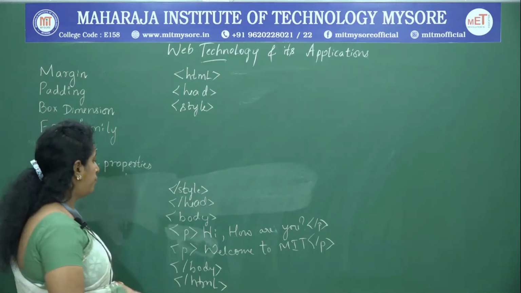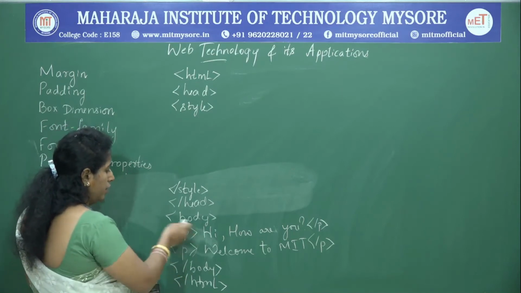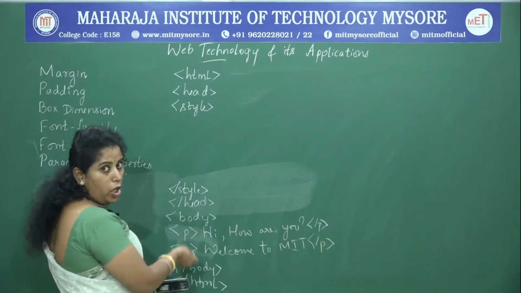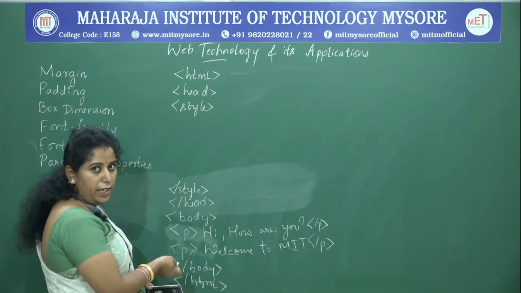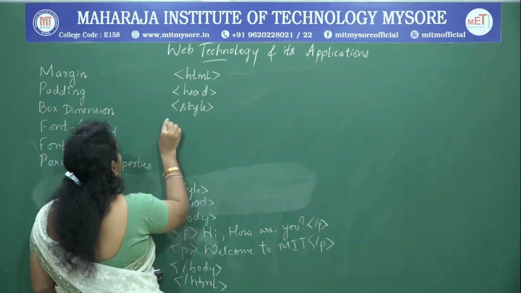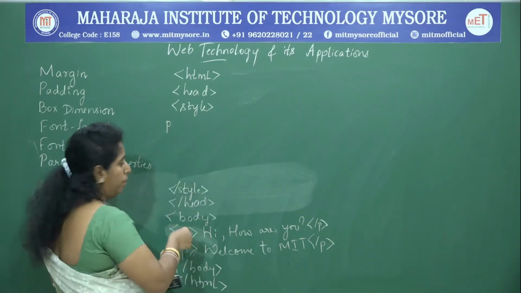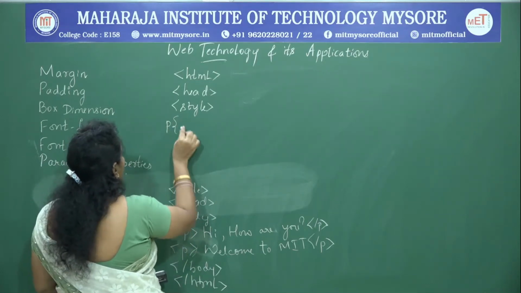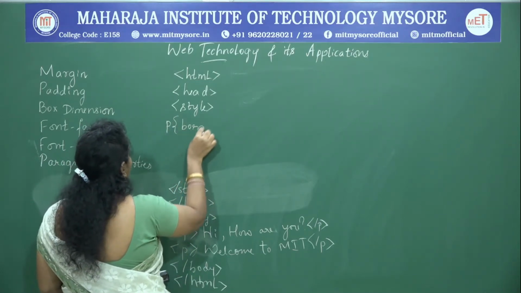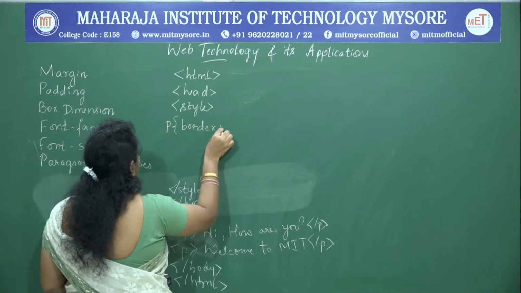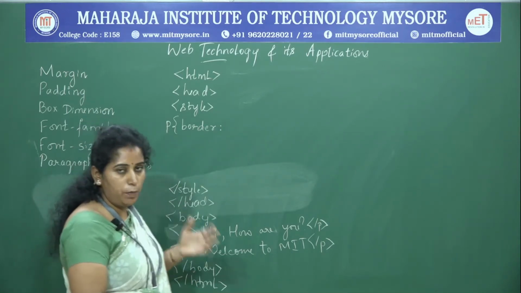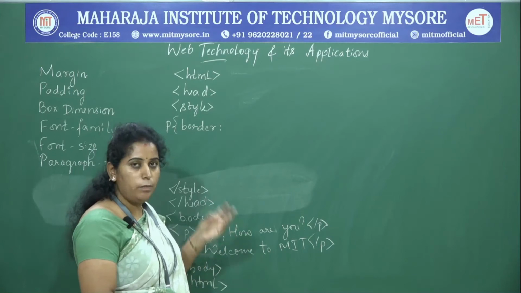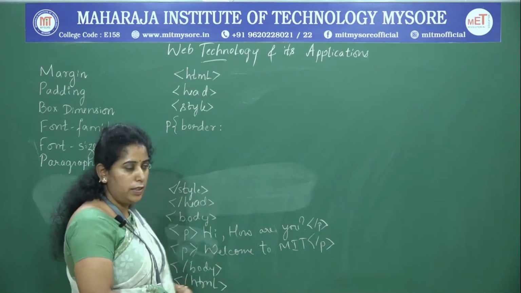Now I have to give a style to a body, or else I can give a specific style for a paragraph. So I will give style to a paragraph only. I am using a property border. Border has three properties: border style, border width and border color.